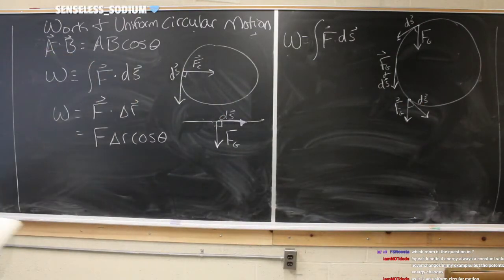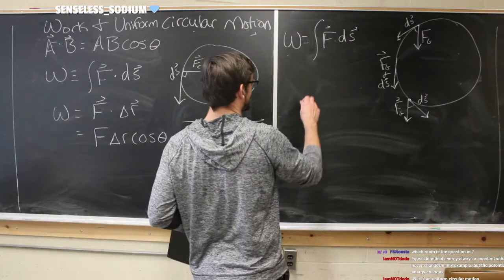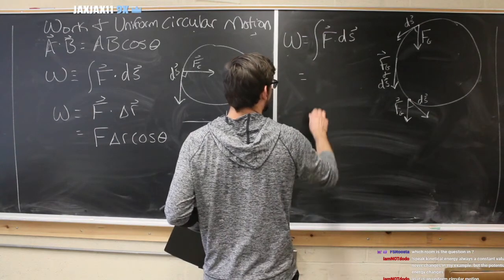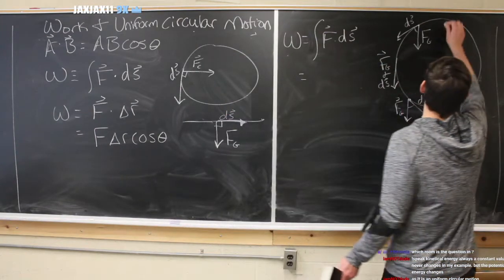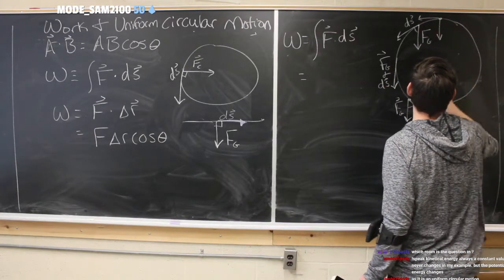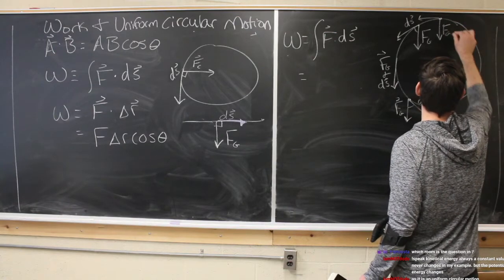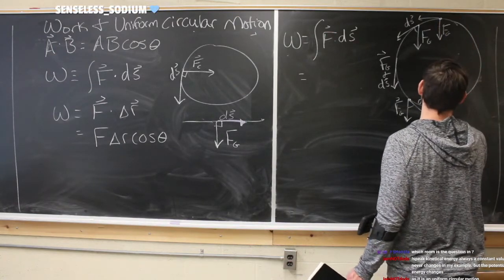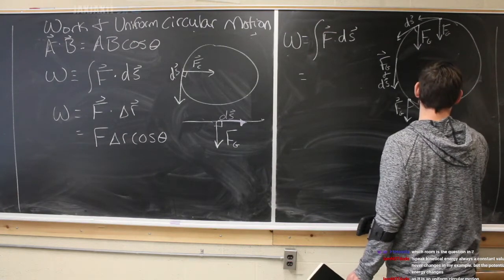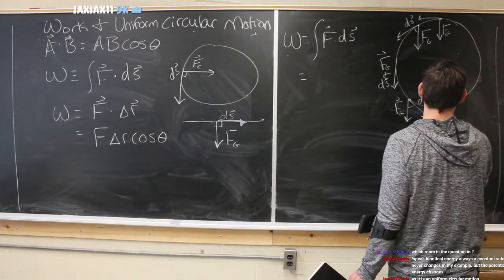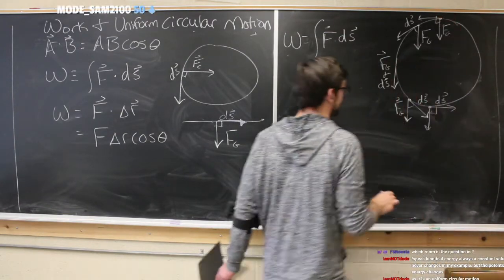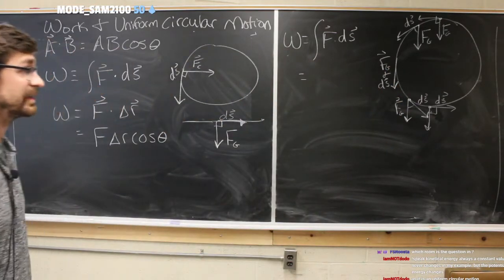So let's do that. Now, if we were to actually set up the bounds of the integral, we can start up here and say that displacement is like this, and the force due to gravity is like this, and then the ending point is going to be down here, because we're just going to take this half here. The ending point will have the force due to gravity here, and the ds will be right here, and we'll have this is 90 degrees and this is 90 degrees, but they're flip-flopped, so we need to have 180 degrees of separation.